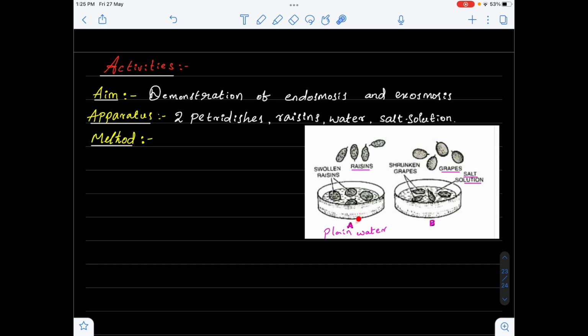After 30 minutes, what happens? The dry raisins placed in the plain water swell up. This is due to endosmosis.